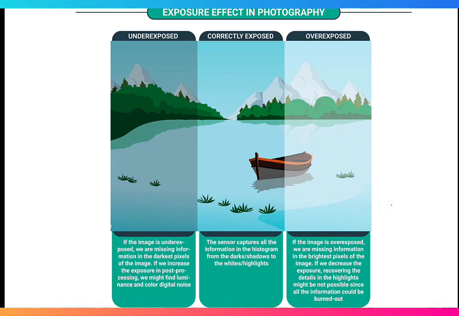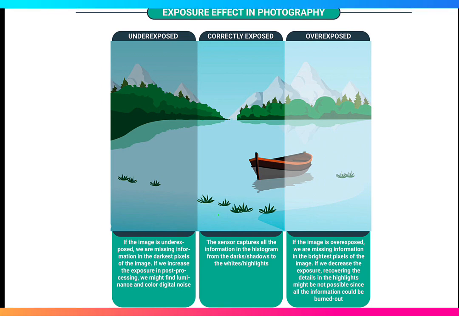Some people do like slightly overexposed images or even slightly underexposed images. But really the goal is to get a correctly exposed image because you are able to edit that image later. So if you did want to brighten it or darken it, it's better to have a correctly exposed image to work with first. An underexposed image is missing a little bit of information.